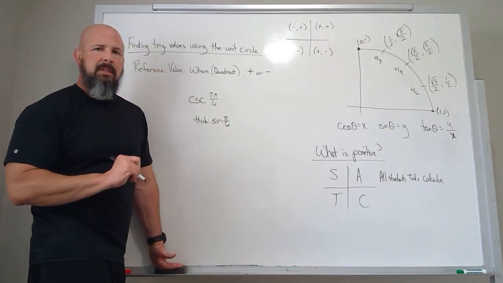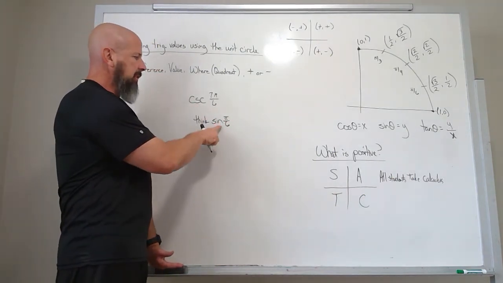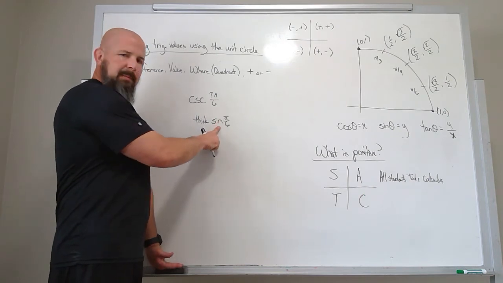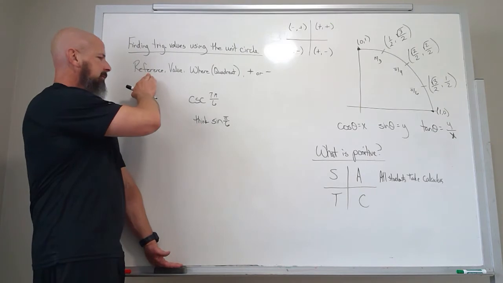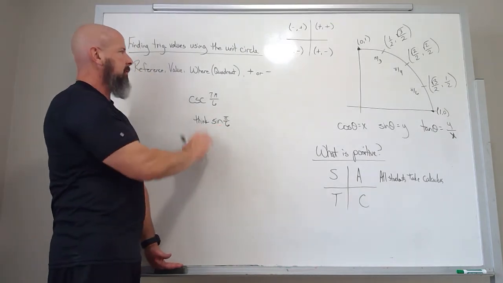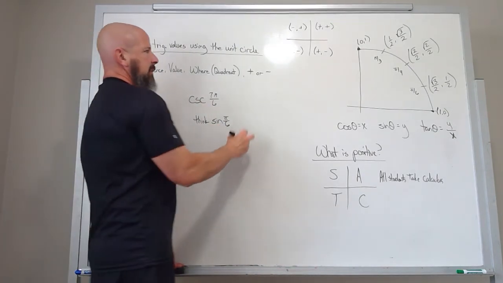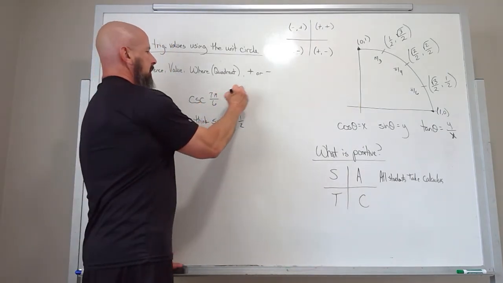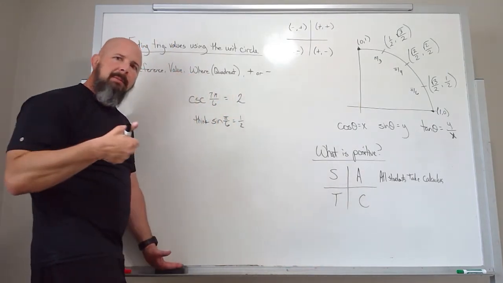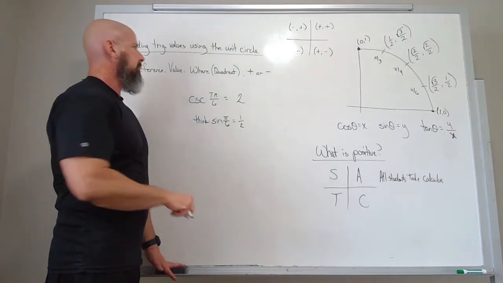Not the cosecant. I know the cosecant's a reciprocal. So the sine of pi over 6. By thinking of it this way, it's back to what I was doing before. Reference, pi over 6. Value. Sine of pi over 6 is a half. So that means the cosecant is 2. Reciprocal flips over the half.